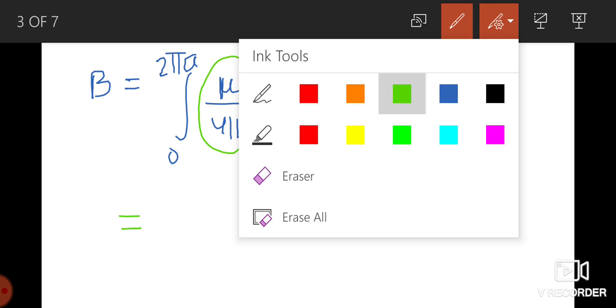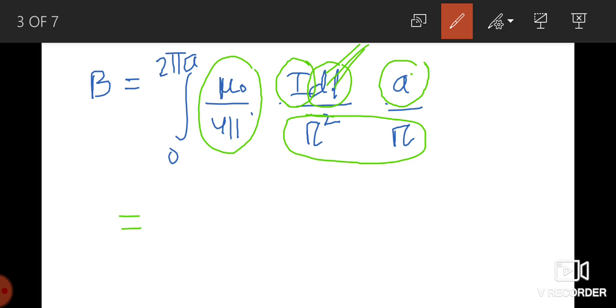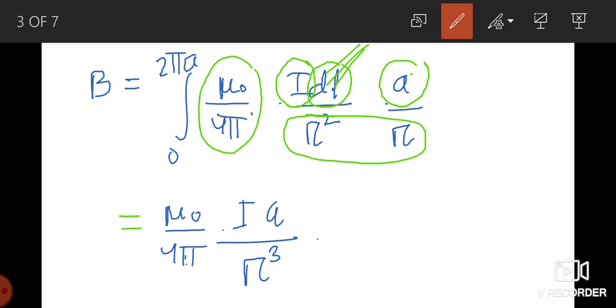Then we write mu 0 by 4 pi into I a divided by r cube into the integration from 0 to 2 pi a.